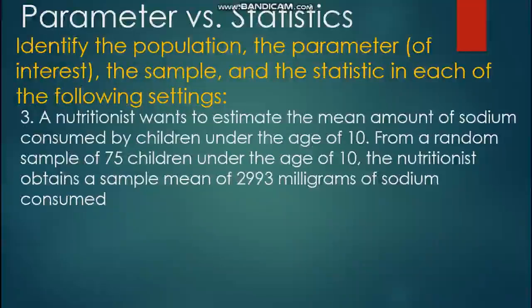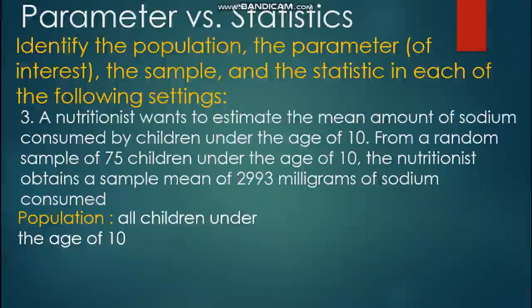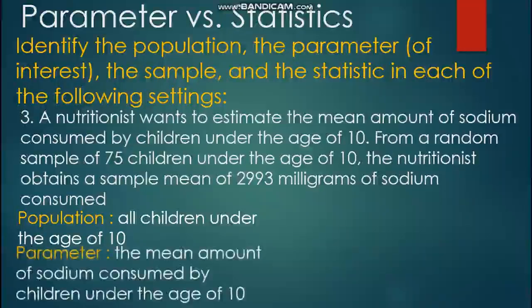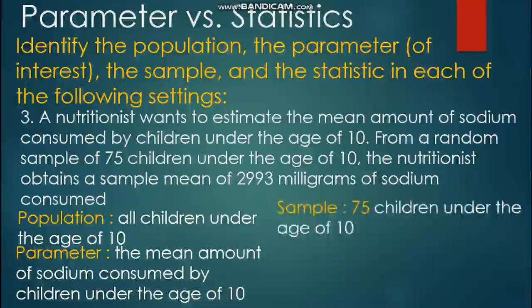Ay the all children under the age of 10. Okay? And our parameter, yung ating mean amount of sodium of all children under the age of 10. And for the sample, we have 75 children under the age of 10.